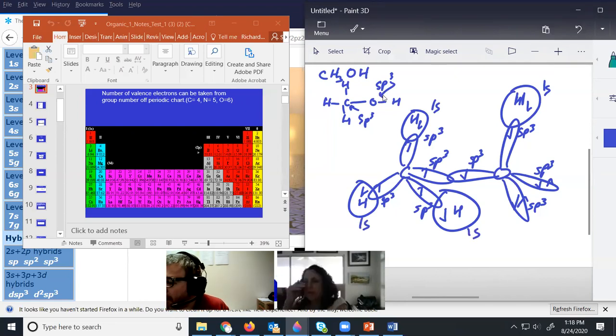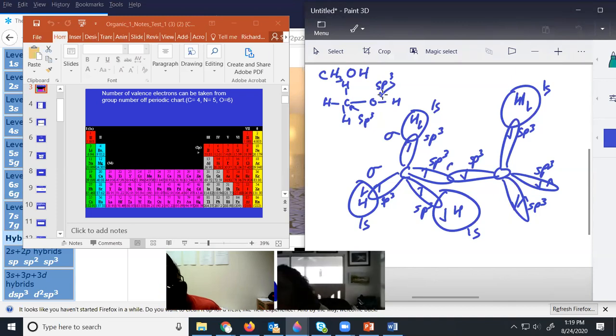And then we've got our bond types. You'll notice there are no pure p orbitals in an sp3 hybrid on either side. So there are no pi bonds. It's just going to be straight sigmas all the way around: sigma, sigma, sigma, sigma, and sigma. You'll notice there are as many sigma bonds as there are bonds: 1, 2, 3, 4, 5.